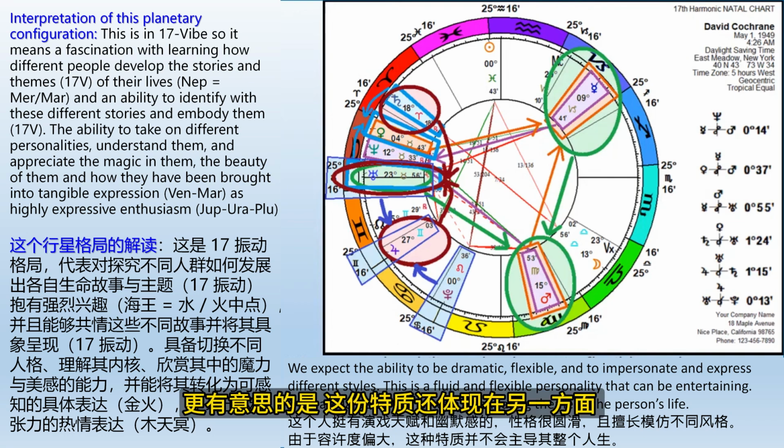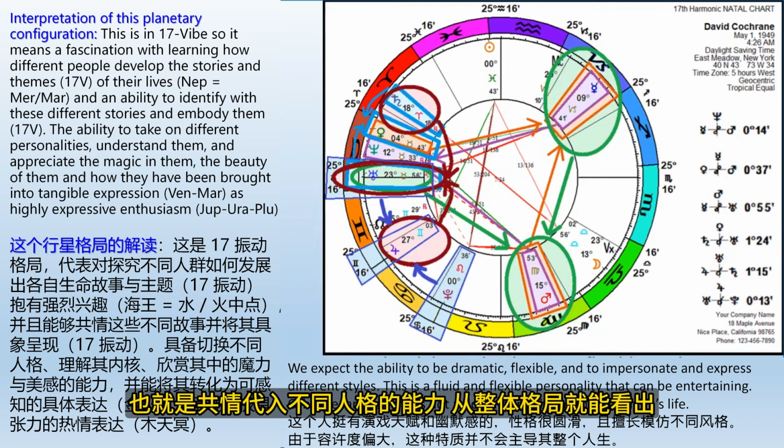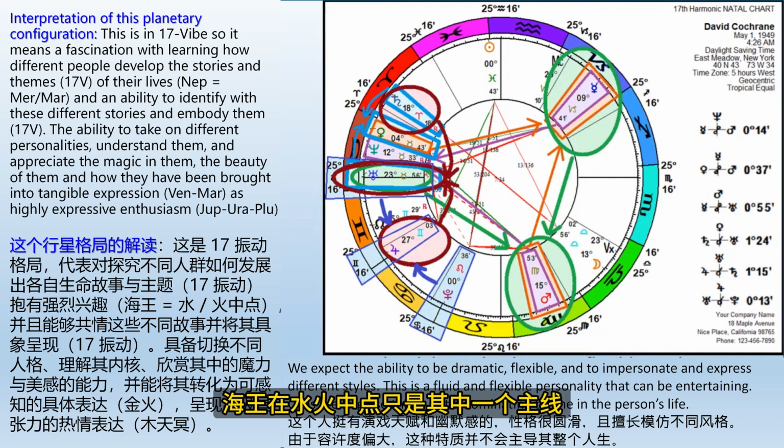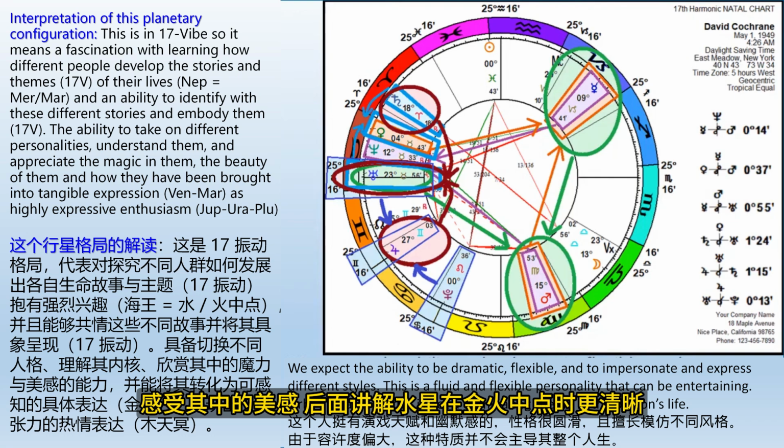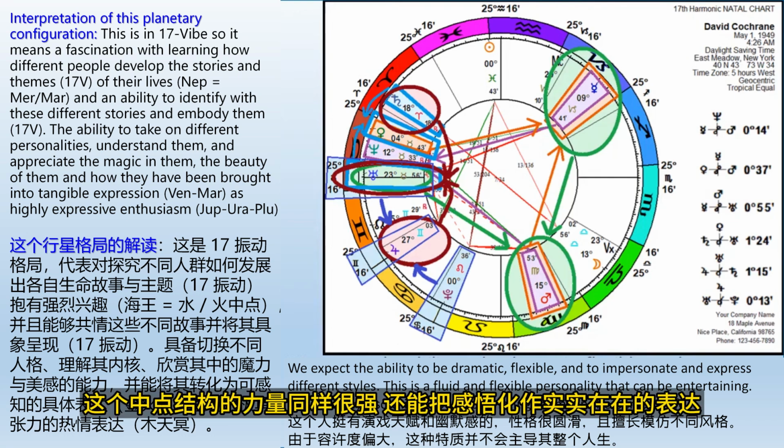But more specifically, it gets even more interesting than that: the ability to take on different personalities because of the huge configuration, realizing Neptune and Mercury, Mars is just one major focus of it, to appreciate the magic in those different storylines, the beauty of them, which we're going to see more with the Mercury at Venus, Mars midpoint structure, which is also strong, and how they can be brought into tangible expression.